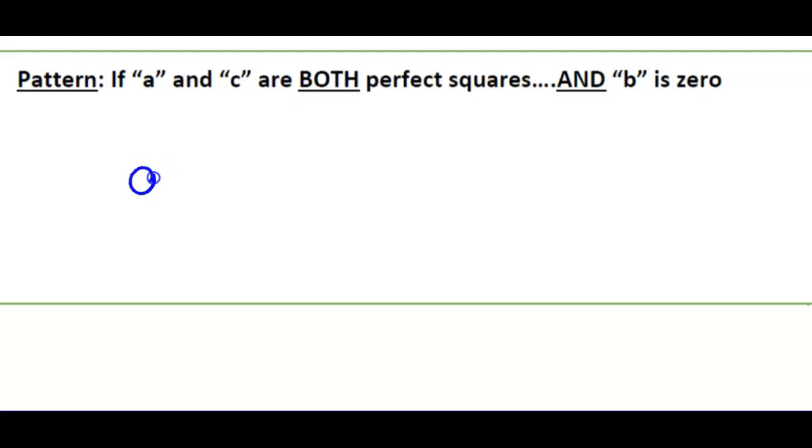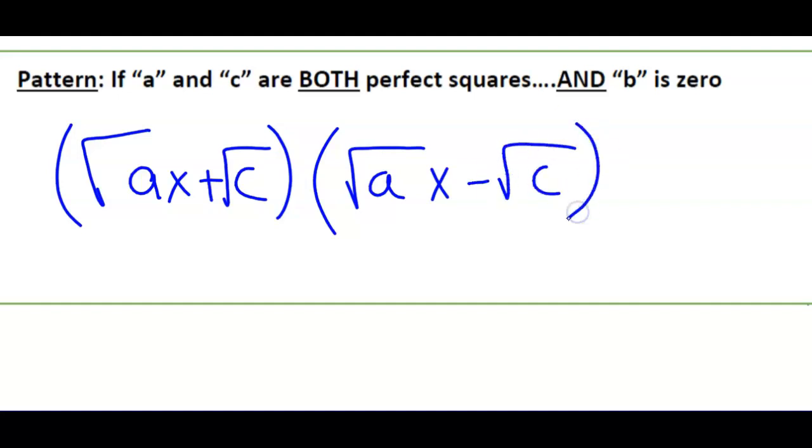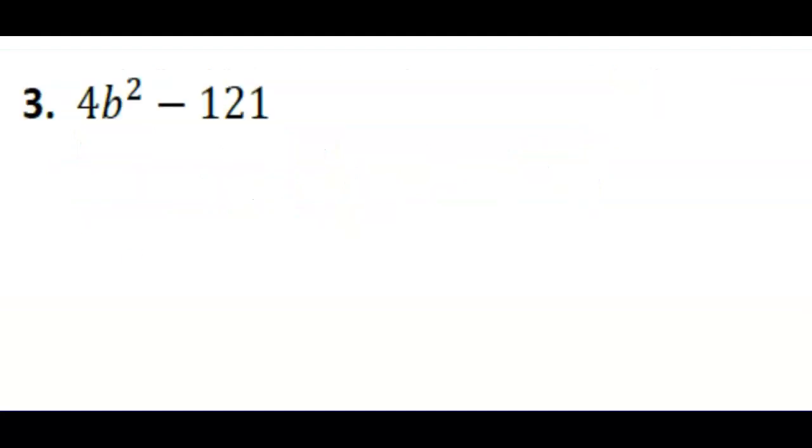Then I know that I have the square root of A times X plus the square root of C, and the square root of A times X minus the square root of C. So you would take the square root of those and you would write that down. One's plus, one's minus, they're exactly the same, good to go. Okay? So this rule is kind of complex, but it's really just doing what we've been doing.